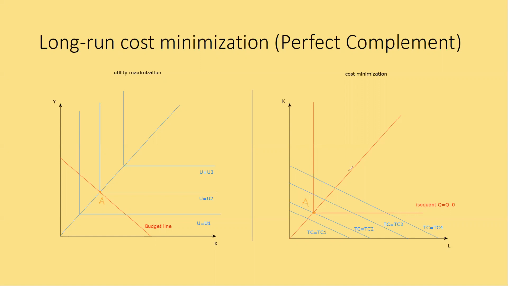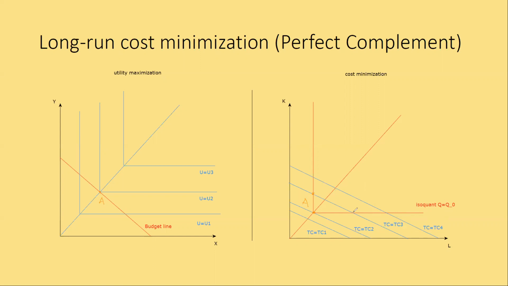So similarly, this point A is going to minimize cost, right? Because we must choose a point that is on the isoquant. So if we choose this point, we are going to produce Q0 as we desired, but this is going to incur TC3, and that is going to be higher than TC2.